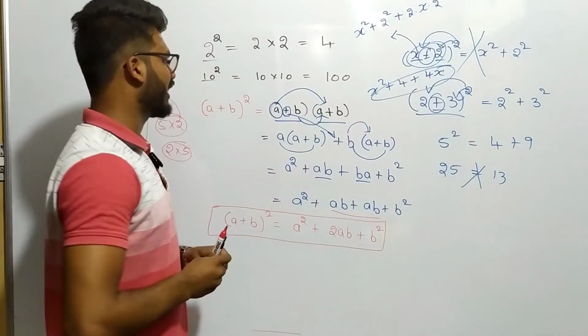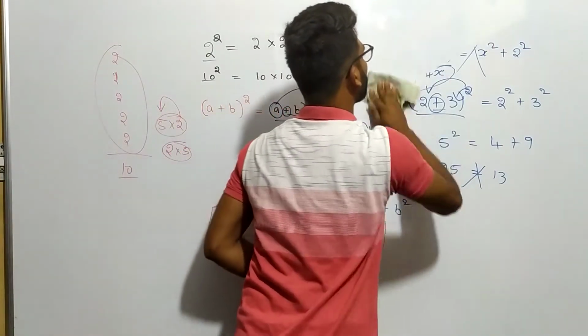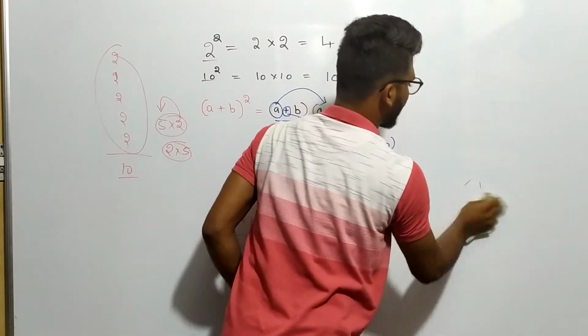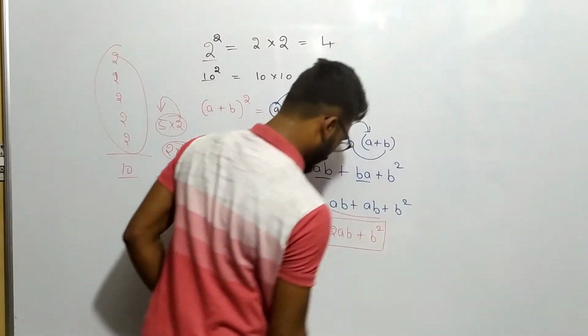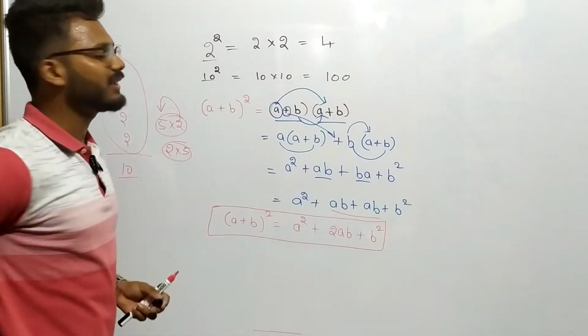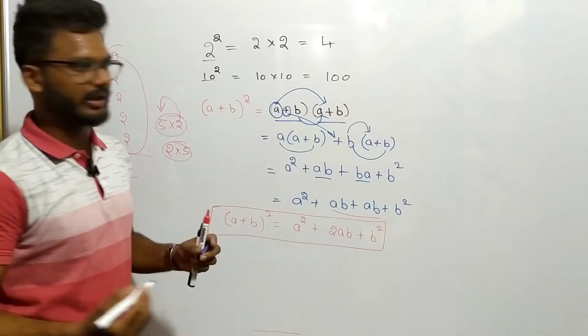In the same way, what is the case with a minus b whole square? I will tell you in 2 ways. See here how to get a minus b whole square. First, you can do it like this: multiplying a minus b into a minus b.